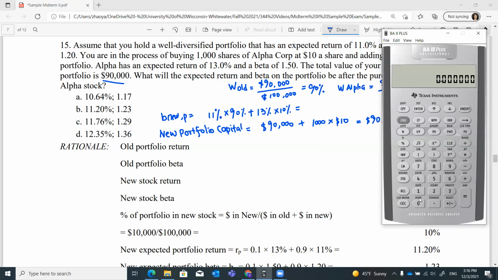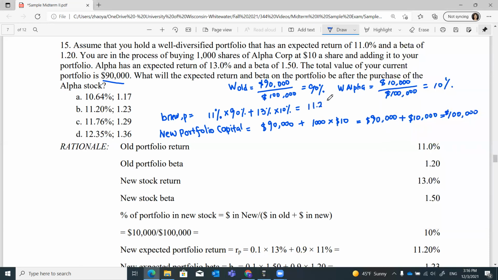So it equals 0.11 times 0.9 plus left bracket 0.13 times 0.1. So it's 11.2. So actually you can choose the correct one here. This is the expected return. So this is a typo here.